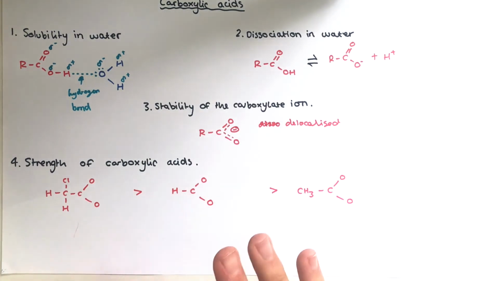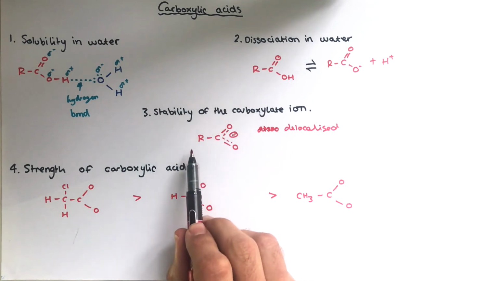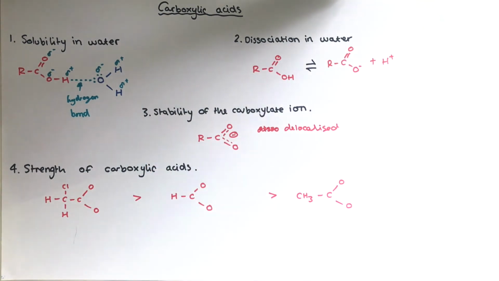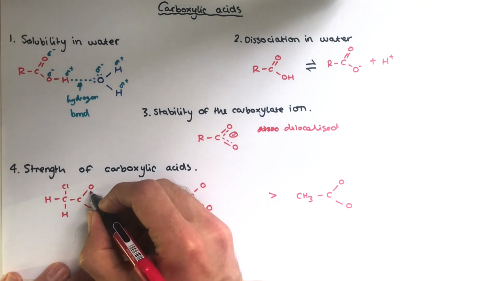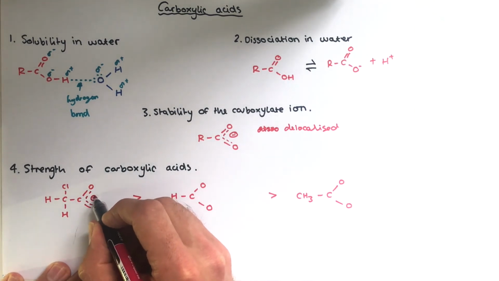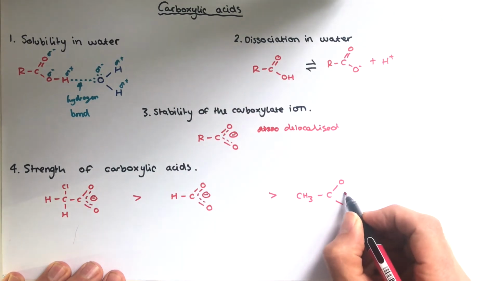And that's going to be important for understanding the strength of our carboxylic acid in a moment, because it's to do with the stability of this carboxylate ion, which determines how strong the acid is actually going to be. So let's look at some examples that I've drawn here at the bottom. I'm going to draw the delocalization of all of the electrons across these bonds here, just to show the electrical charge is being spread.